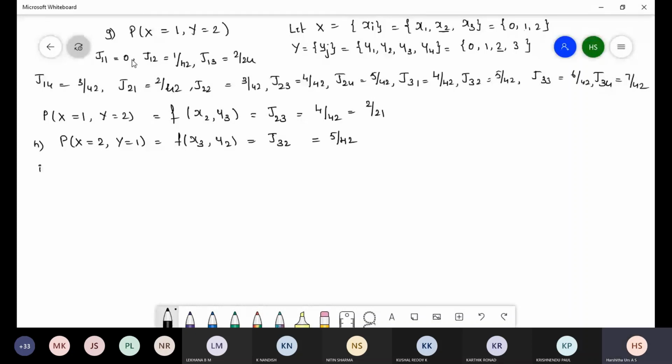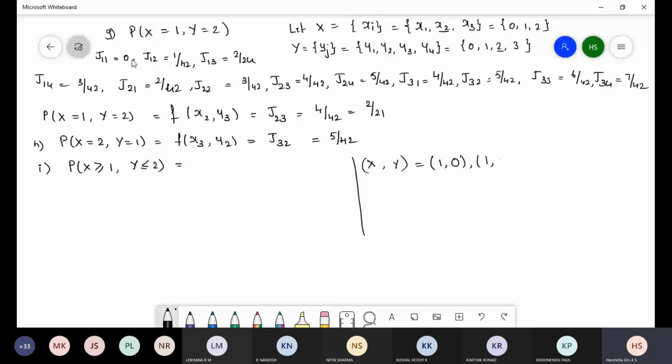Next, P of x greater than or equal to 1, y less than or equal to 2. Greater than or equal to 1 means the possible terms are x, y taking the values 1, comma 0; 1, comma 1; 1, comma 2.